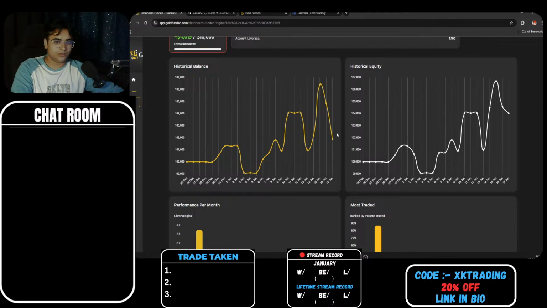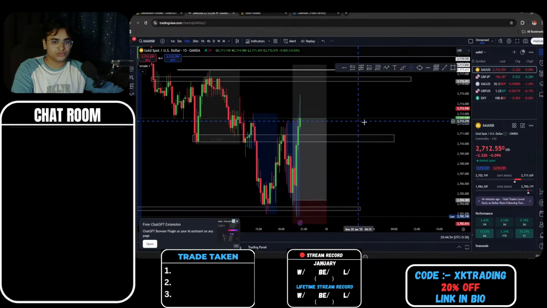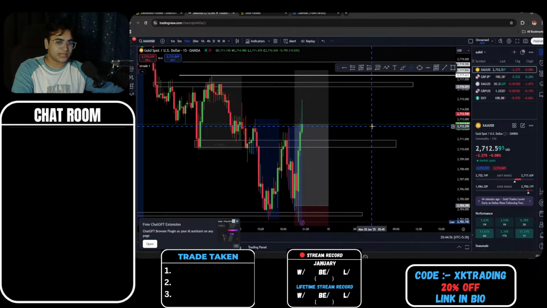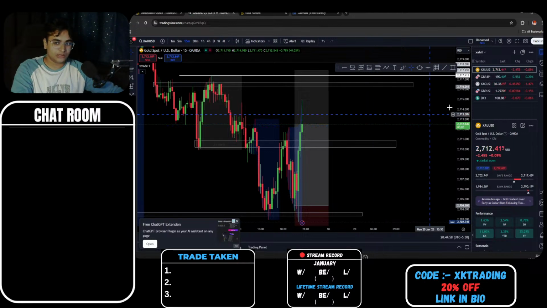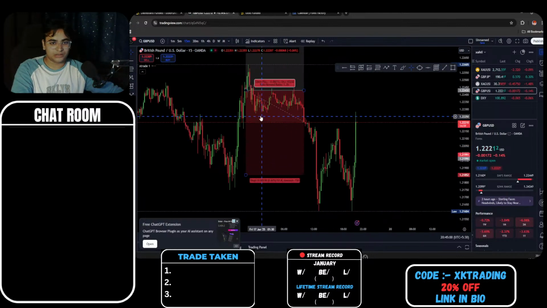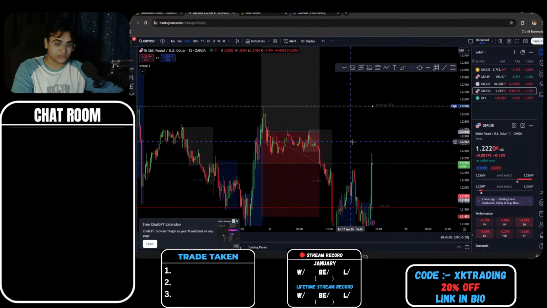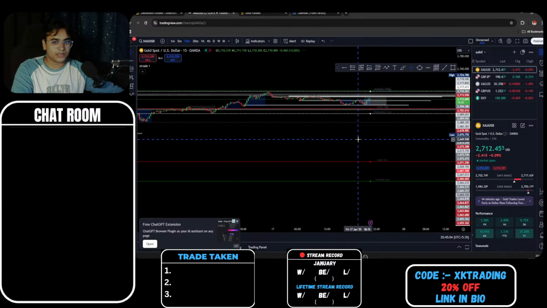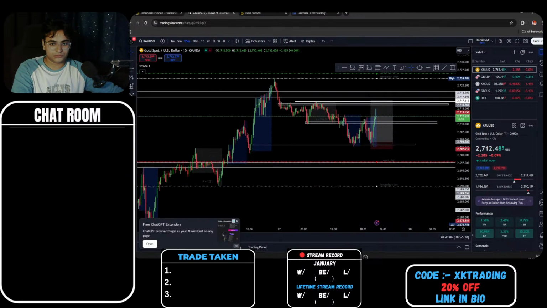At the same time, I know I made some dumb mistake. I was up around 6% on the account, and after that I lost a little bit of a percentage here. If I had not taken this GBP USD trade here, I would have passed the account with this trade today, to be honest.